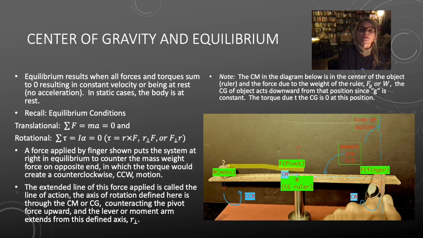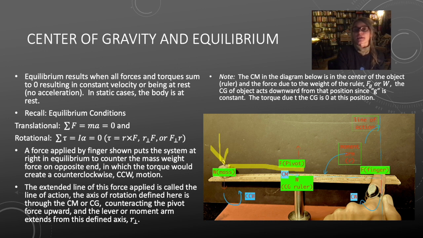The force will be the weight acting down, in the second dimension, and the torque will be in that third direction from the cross product R cross F. If the weight from the mass was only acting on this ruler, it would create this counterclockwise motion from the torque.